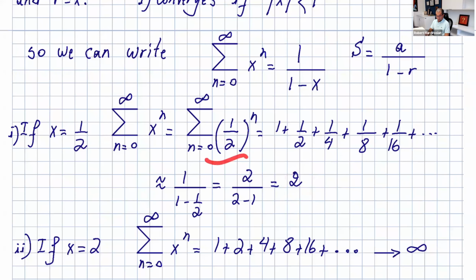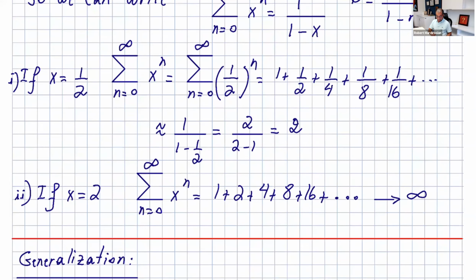So this converges to 2. If, on the other hand, I take x equals 2, then if I expand the series, I get 1 plus 2 plus 4 plus 8 plus 16, and they get larger and larger, so it goes to infinity, so that's divergent.